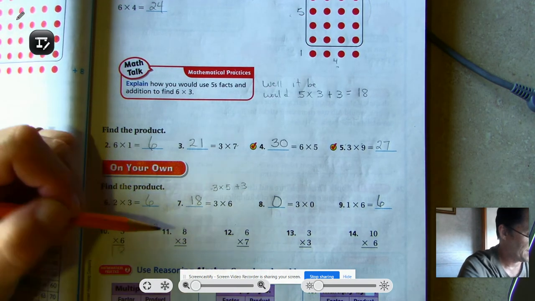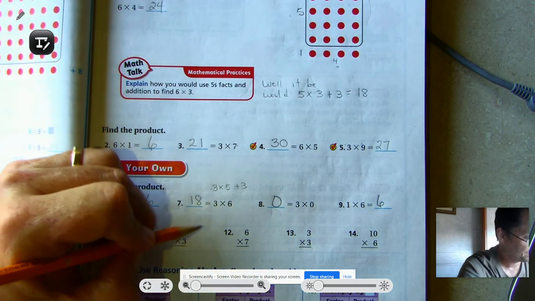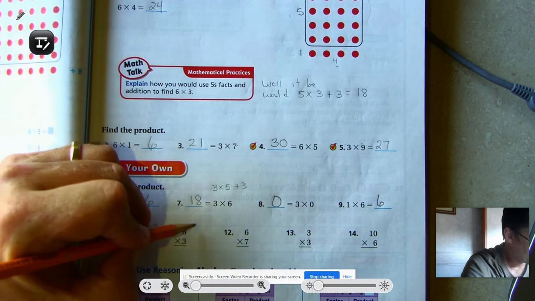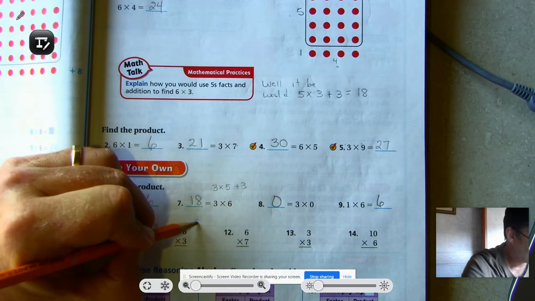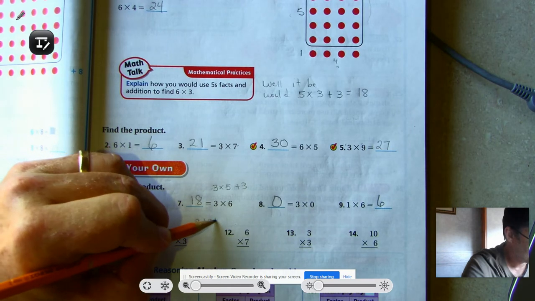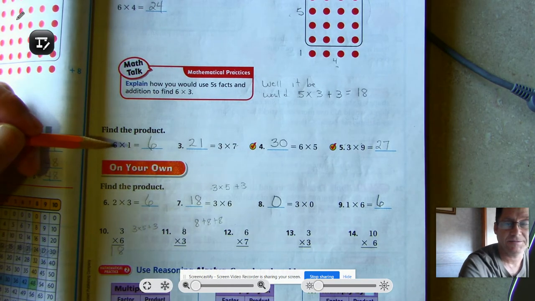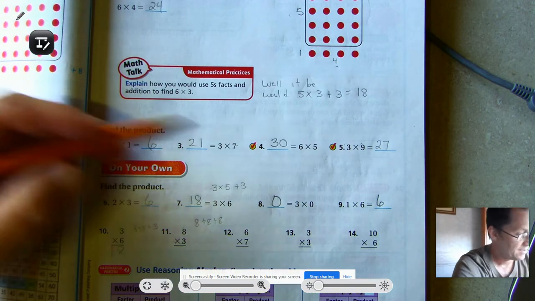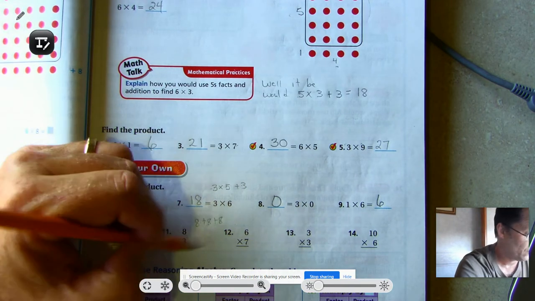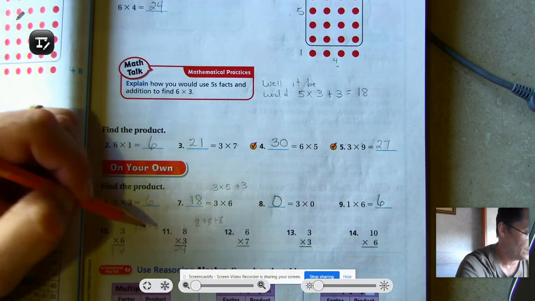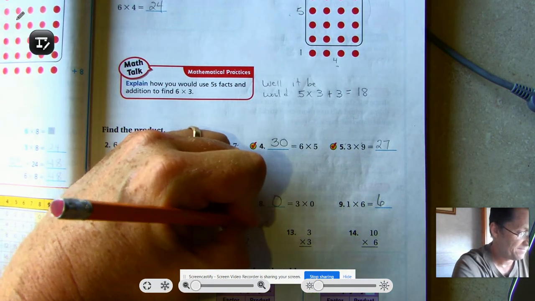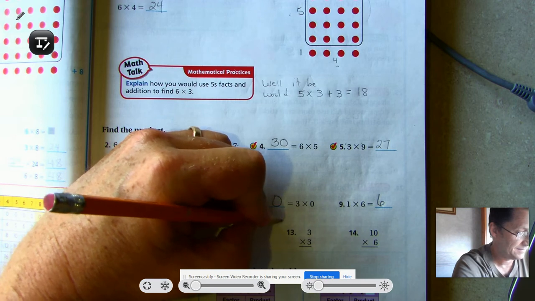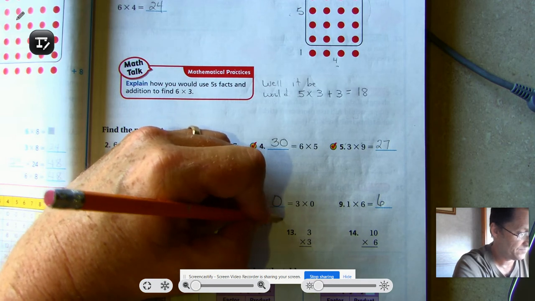8 times 3. 8 times 3 is the same as saying 3 eights. 8 and 8 is 16, plus 8 more is 24. 6 times 7 is the same as 5 times 7 plus 7.